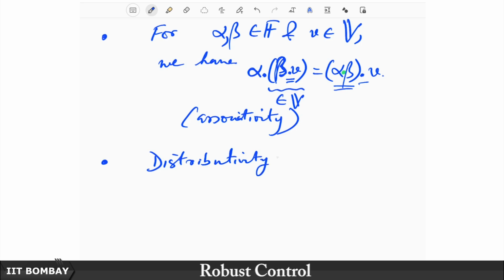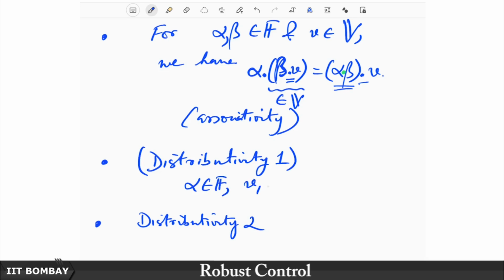I will call them distributivity 1 and distributivity 2. So, in distributivity 1, suppose you have alpha as part of the field and V1, V2 belonging to the set V, the vector space, we have that alpha times (scalar multiplication) V1 plus V2 is going to be nothing but alpha times V1 plus alpha times V2.